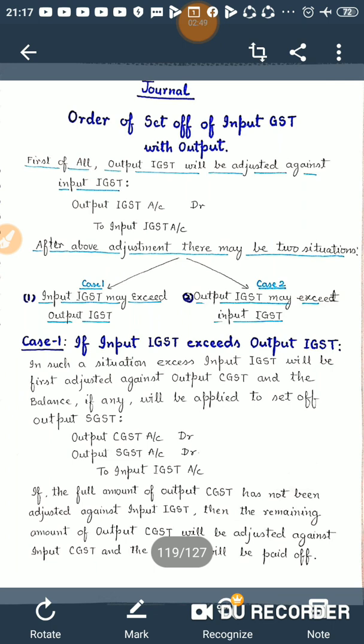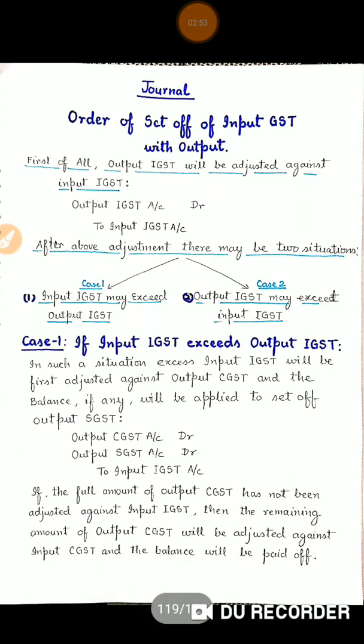For setting off, we will just reverse them. So output IGST account will be debited and input IGST account will be credited. In this way, the input IGST has been set off from the books.